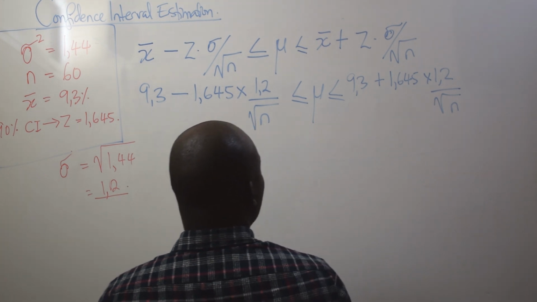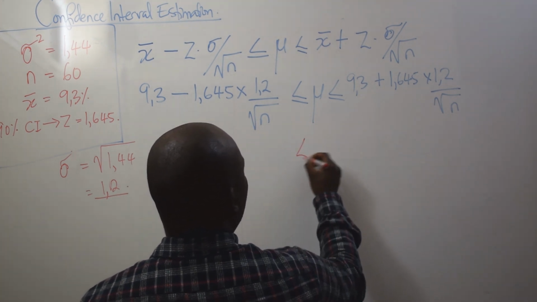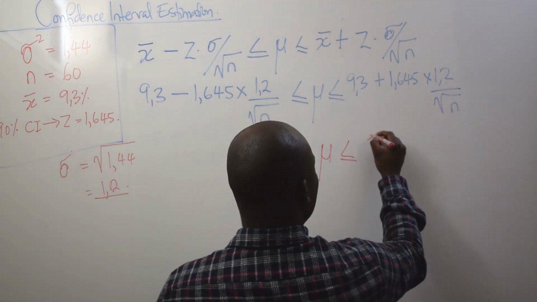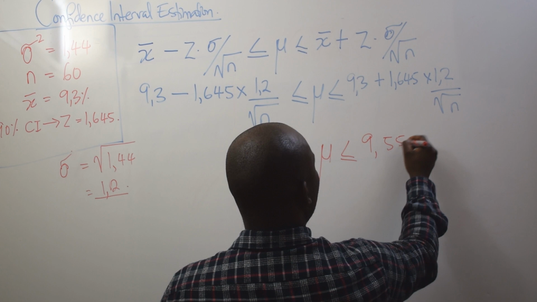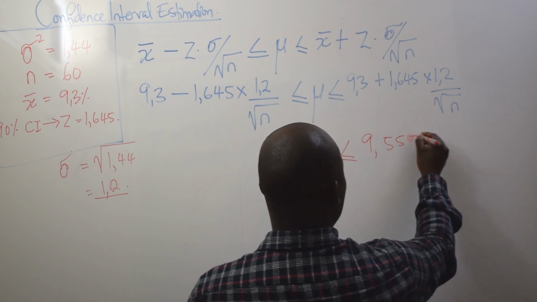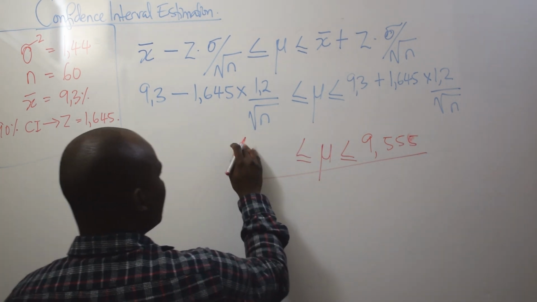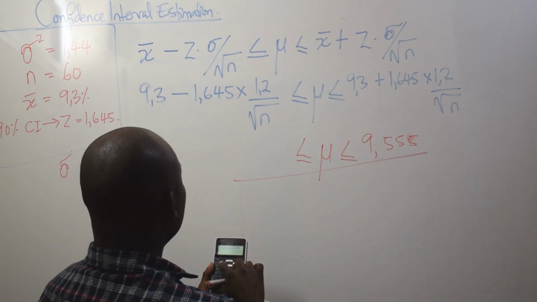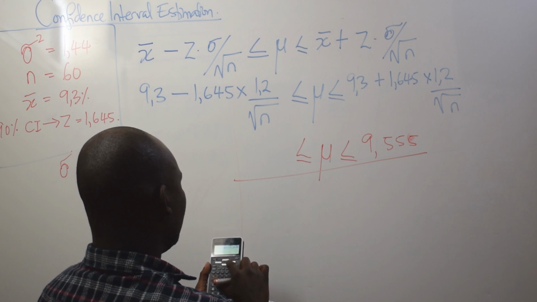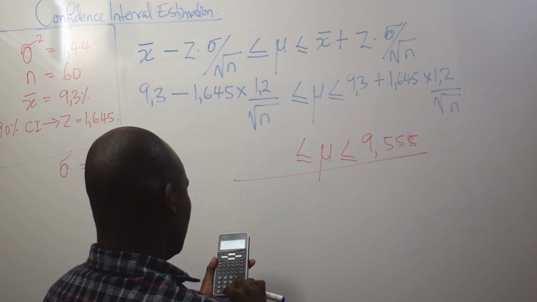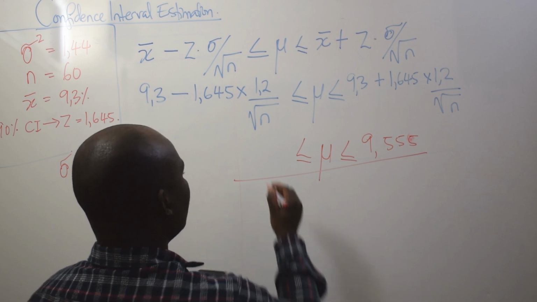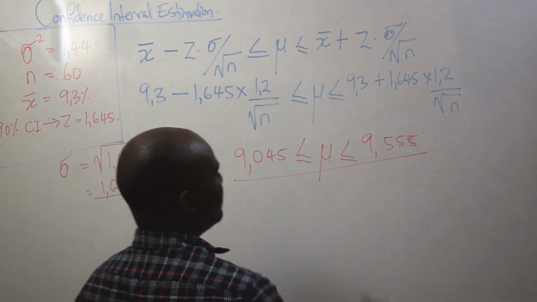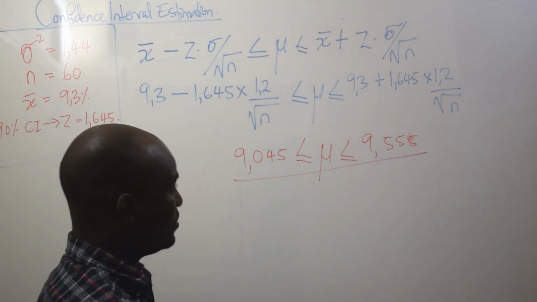After having done your calculation, you're going to see that the mu on the top part is 9.55, we can round it off, and for the lower part here, we're going to say 9.3 minus that will give you 9.045. So this is the solution.